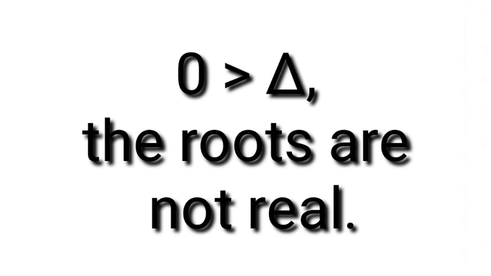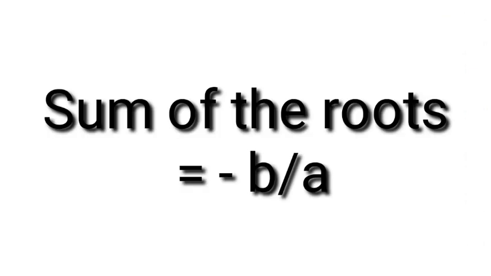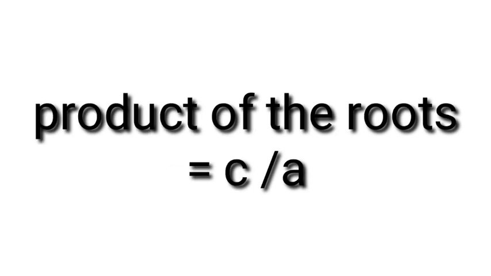Also, if alpha and beta are the two roots of the given quadratic equation, then the sum of the roots, that is alpha plus beta, is equal to minus b by a, whereas the product of roots, alpha into beta, is equal to c by a.